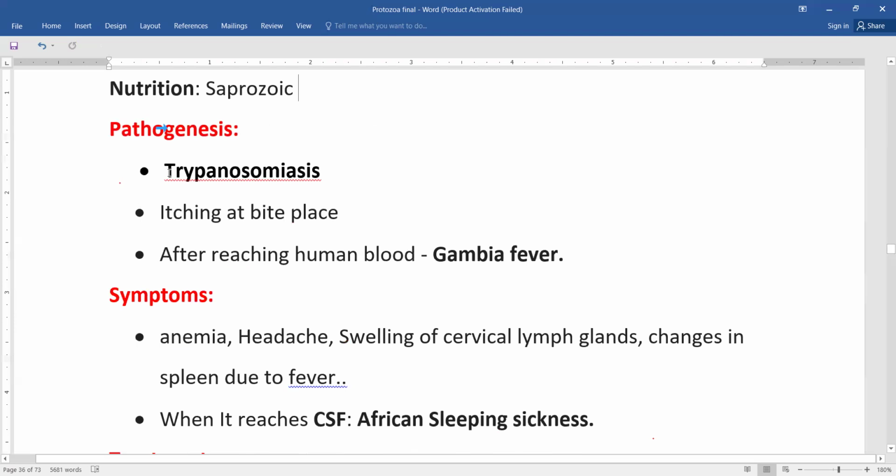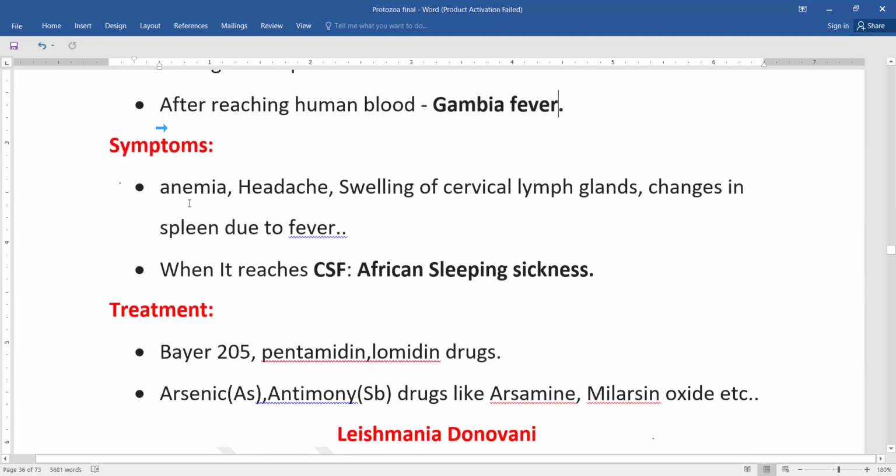Pathogenesis. Trypanosoma causes the disease called trypanosomiasis. You can also call it Gambia fever, or you can also call it African sleeping sickness. Anyway, the symptoms are anemia, headache, swelling of cervical lymph glands, and changes in the spleen due to fever.